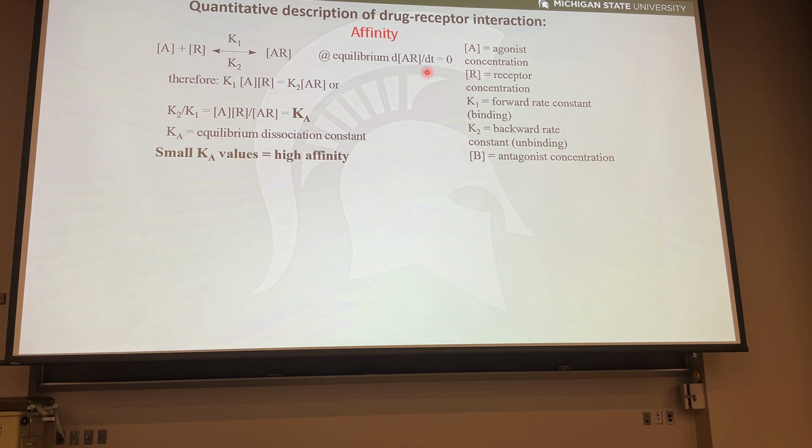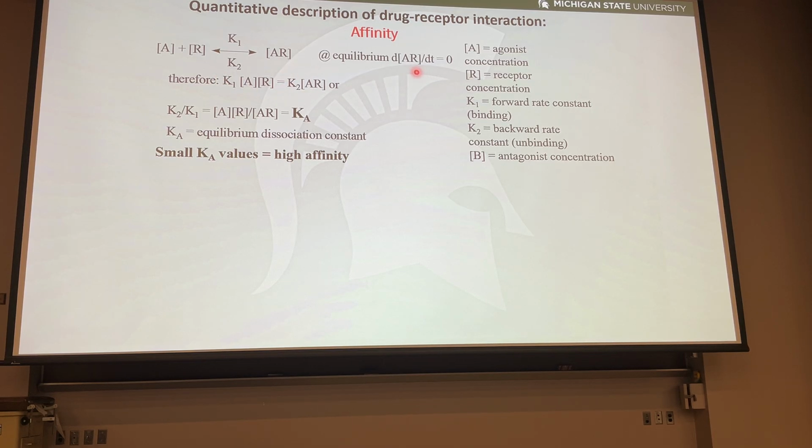And at equilibrium, the change in the concentration of drug and receptor complex divided by the time is the rate, but at equilibrium this would be 0 because you're not moving in the system back and forth, okay? So this is the equation that represents the equilibrium of a drug binding to its receptor. Simply put, this can be rearranged very easily to have each of the rate constants on one side of the equation, right?